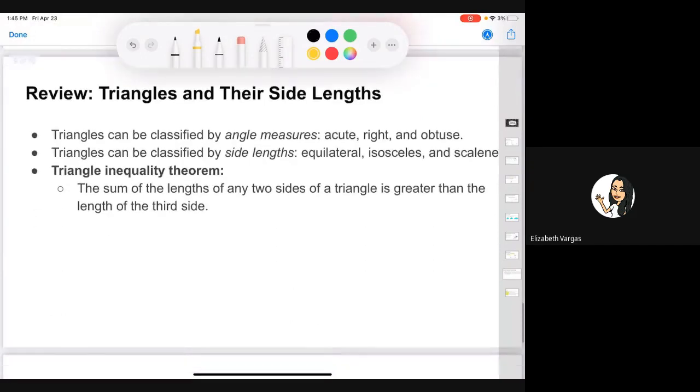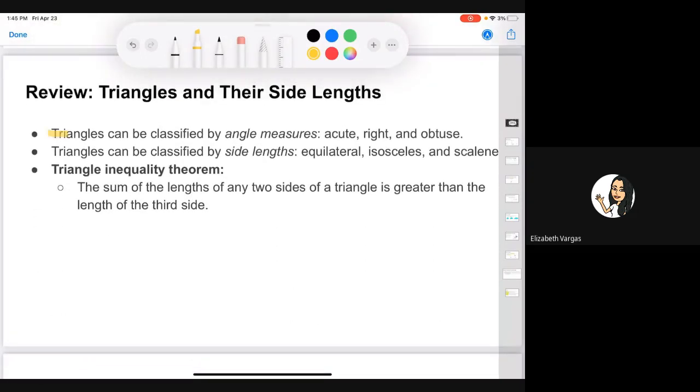Okay? So what we're able to do today, we're able to classify triangles based on their angle measures. We're able to classify triangles based on their side lengths. And we're able to apply the triangle inequality theorem, which tells us the sum of the length of any 2 sides is greater than the length of the third.